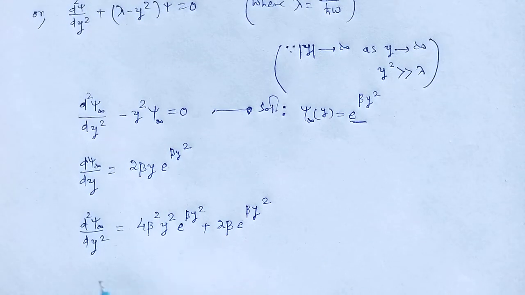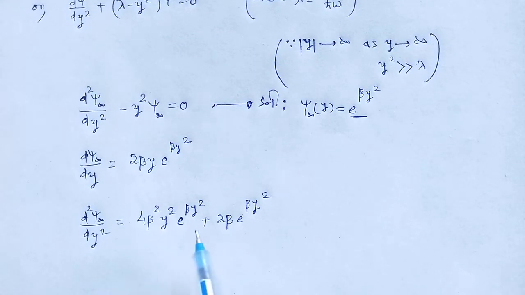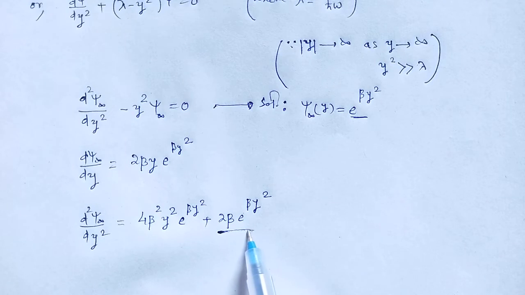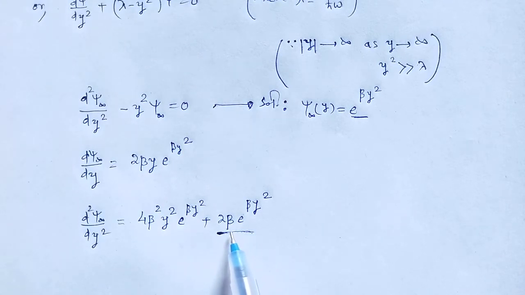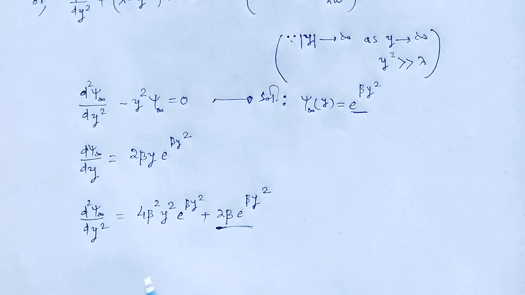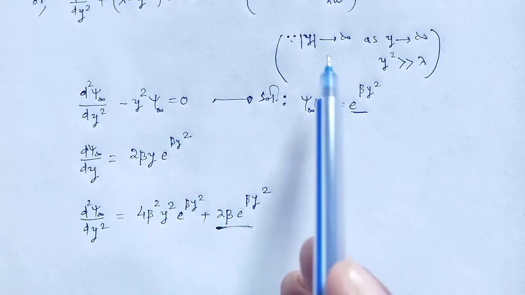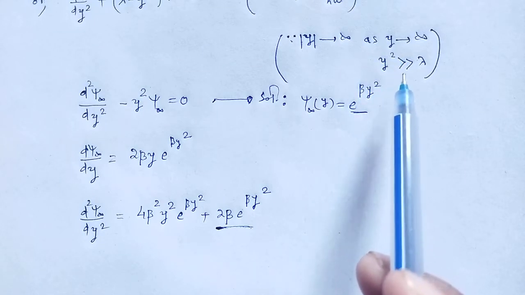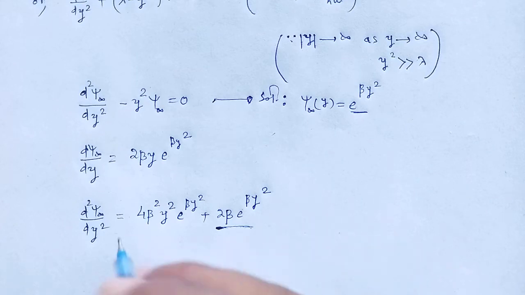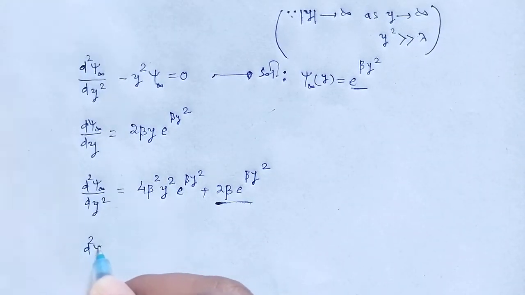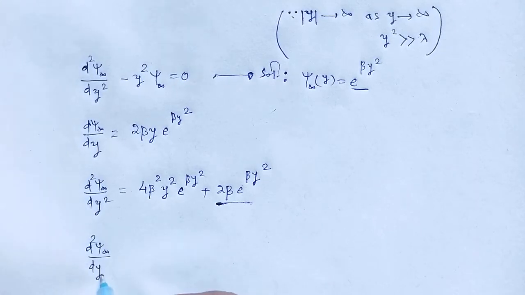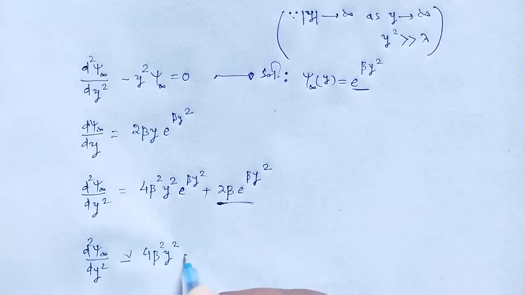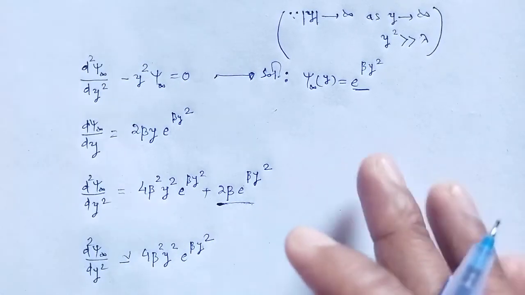Therefore the 2 beta e to the power beta y square term is neglected, since y tends to infinity and y square is very much greater than lambda. So d square psi at infinity by dy square is nearly equal to 4 beta square y square e to the power beta y square.